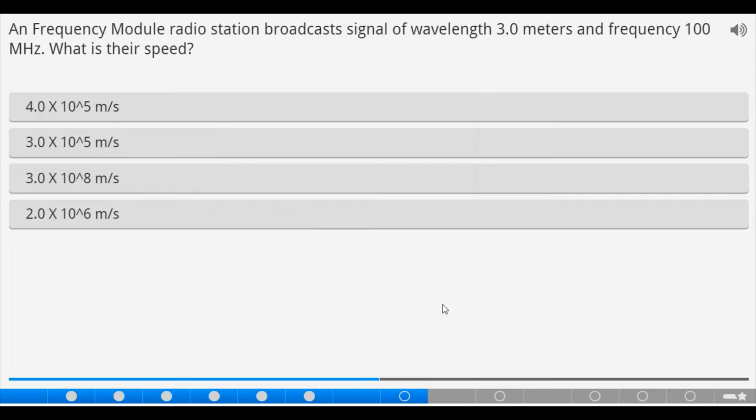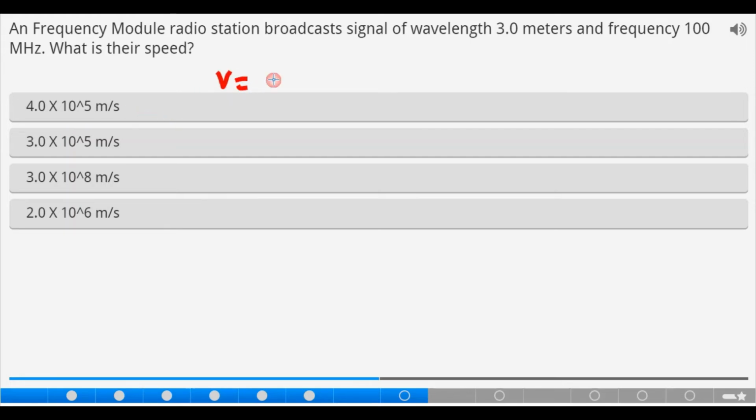Now, let's deal with this question that also talks about the speed of a wave. A frequency modulation radio station broadcasts signals of wavelength 3.0 meters and frequency 100 megahertz. What is the speed? You know that V is equal to f lambda. Let's go from the known to the unknown. f, the frequency, is 100 megahertz.